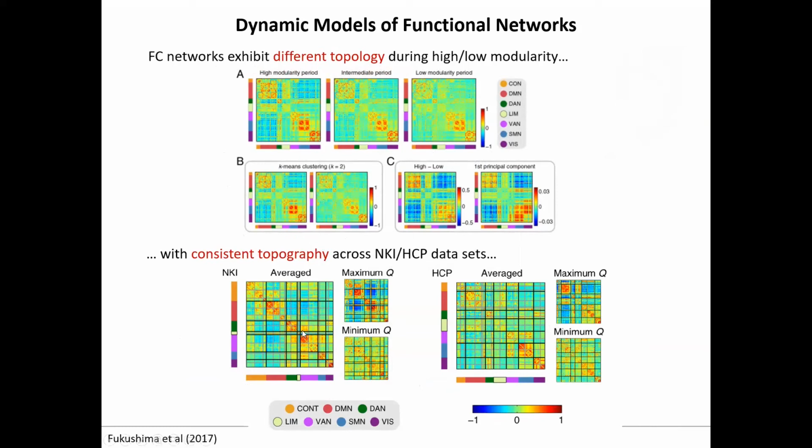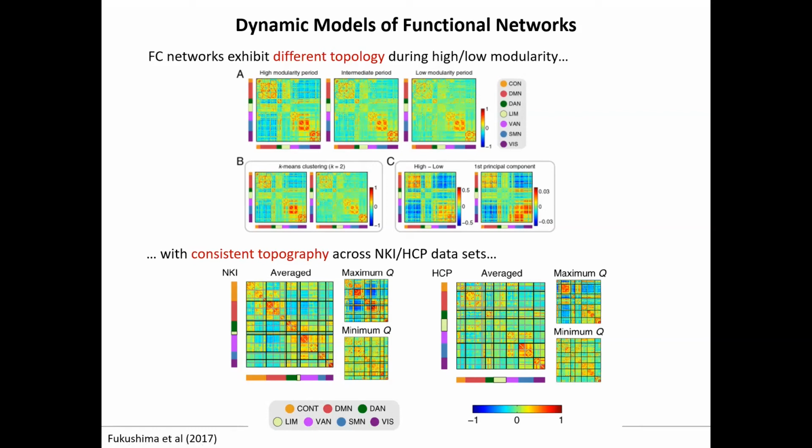And he did this across two different subject cohorts, large cohorts of subjects from the Nathan Kline Institute, NKI, and the Human Connectome Project, HCP. In our field nowadays, it is imperative really to carry out studies in large subject cohorts.